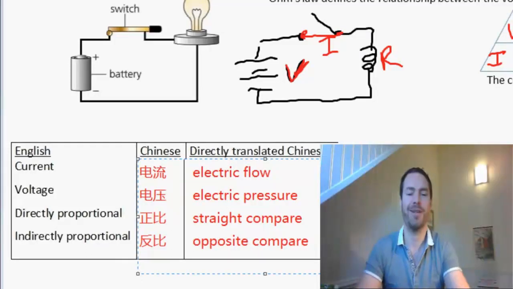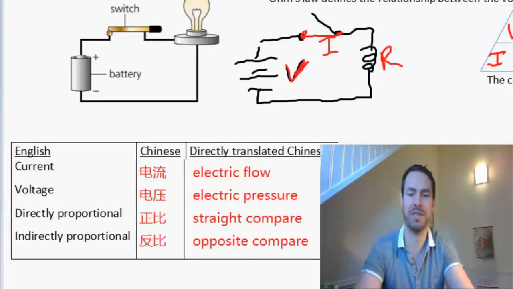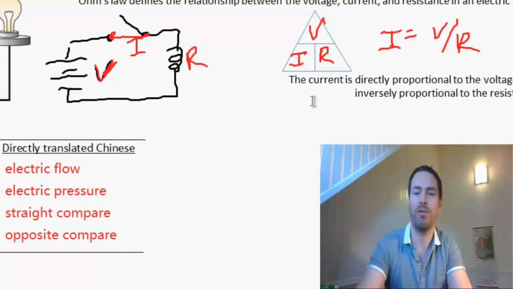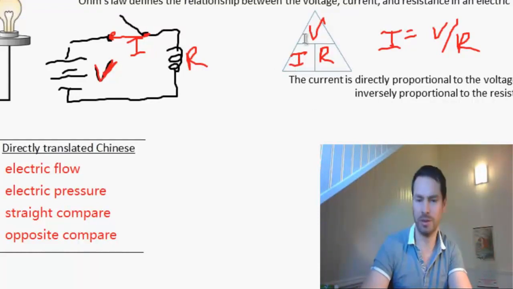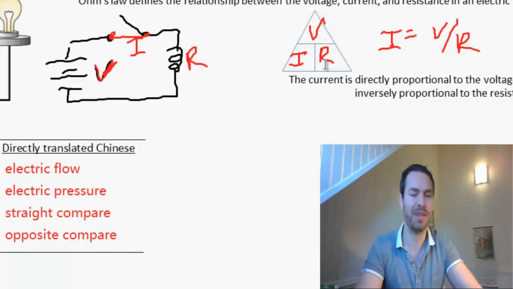So I think for somebody young who's getting into this for the first time, to be able to consider that a flow is direct compared to a voltage, or a pressure, direct compared to a pressure, or a flow is opposite compared to a resistance, is just a little easier.